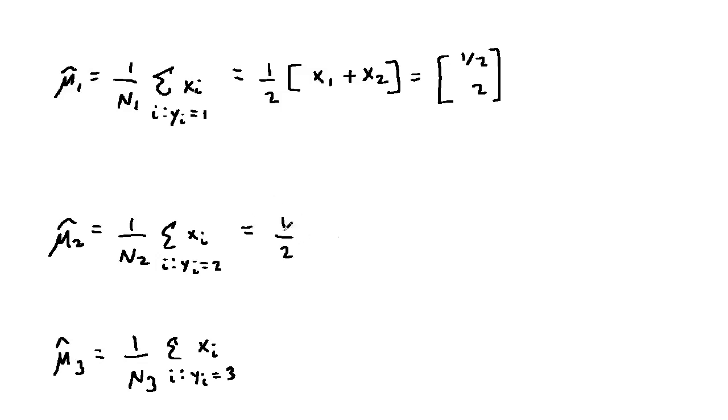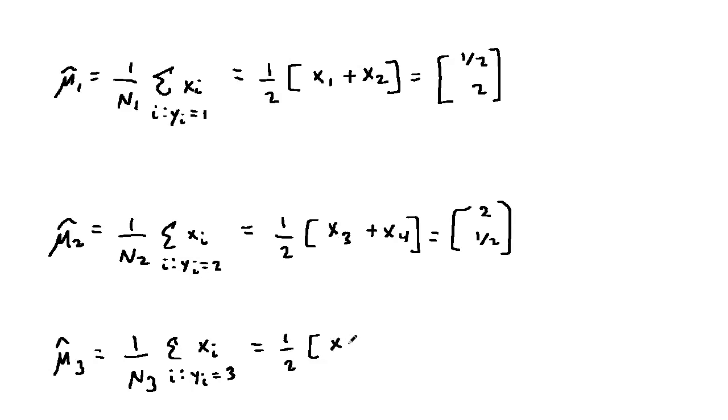So that's 1/2 (x3 plus x4), and we get (2, 1/2). Mu3 hat is 1 over n3 times the sum of the x's of class 3, the last two data points, x5 and x6. So that's (7/2, 7/2).